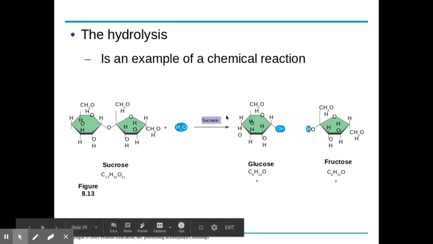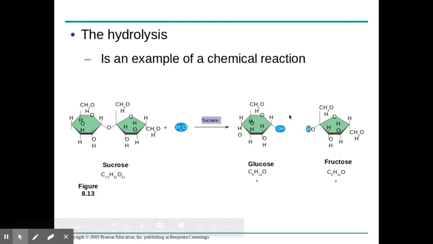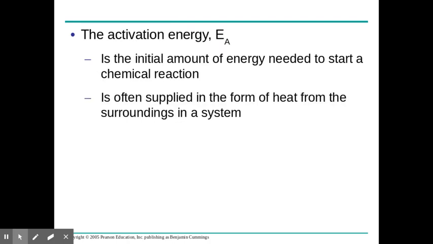It broke this bond, the glycosidic linkage, but it added these bonds. It added the water, the OH group here and the hydrogen here. So it broke one bond and added other bonds. That's what sucrase did.